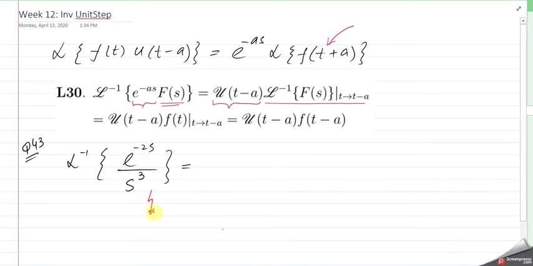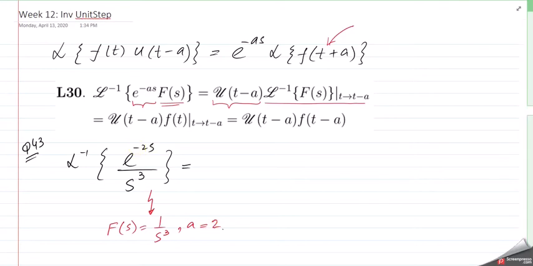F of s, we write it with capital F, is 1 over s cube. E power minus 2s is not part of f of s. E raised to minus 2s is telling me about a. A is 2. Do not count the minus, because the formula says minus a, it means a is only 2, not the minus.